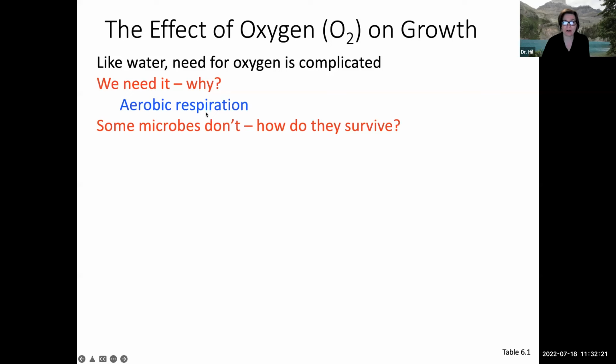Now, some microbes don't need oxygen. Why not? What do they do instead? They're clearly not doing aerobic respiration because, or let me say that differently. They don't rely solely on aerobic respiration. Some of them can, some of them can't, but they don't need it absolutely. So what do they do instead? If there's no oxygen, how come they're alive?